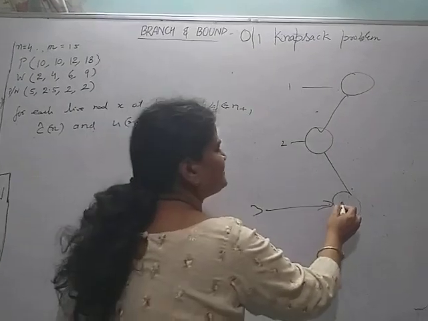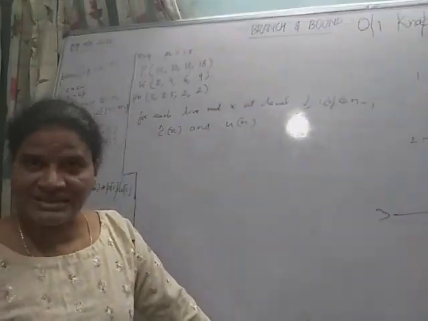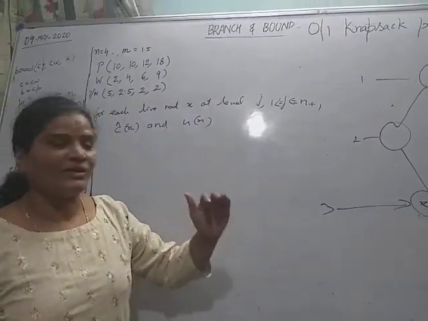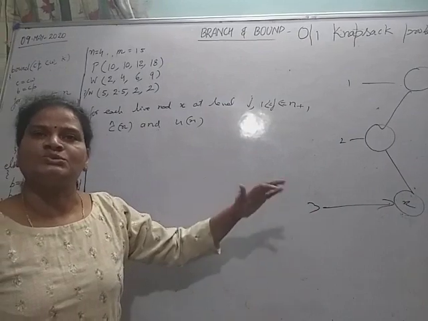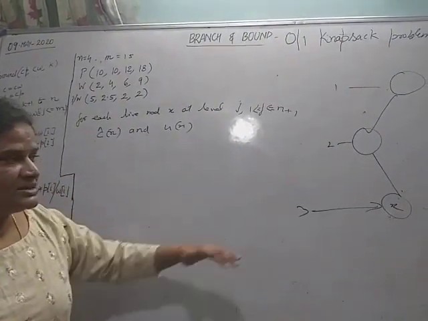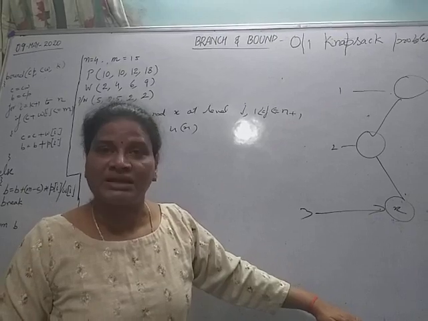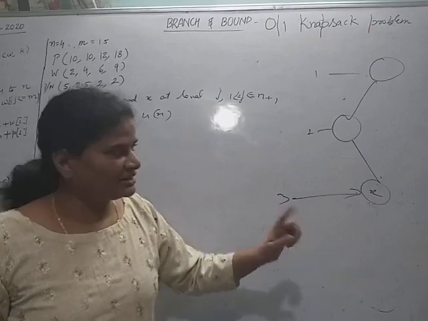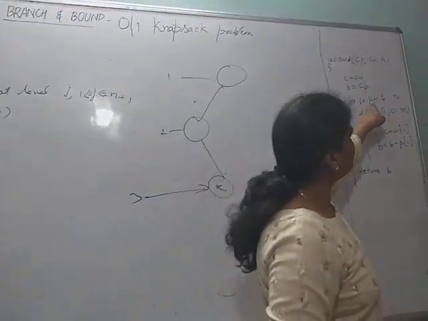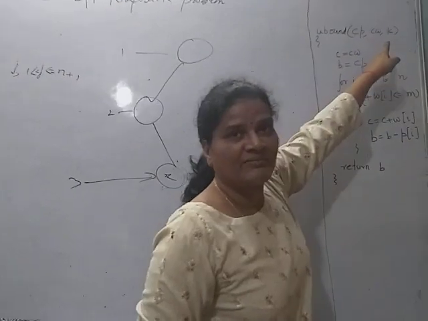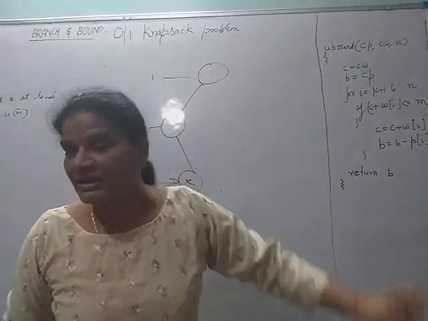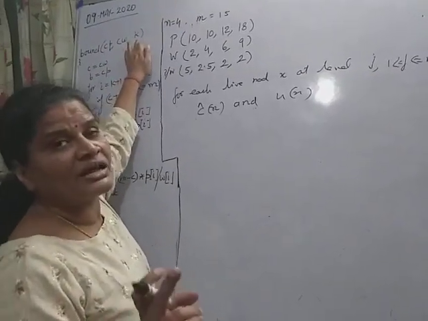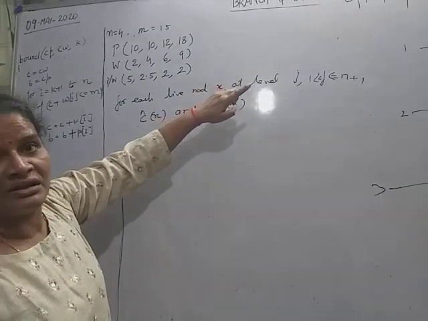It means the assignments of xi's for 1 to j minus 1 have already been done. Now to reach the answer node, we have to take the decision for the objects from 3 to n. In both cases the loop runs from k plus 1 to n, where the value of k is j minus 1, and j is the level of node X.